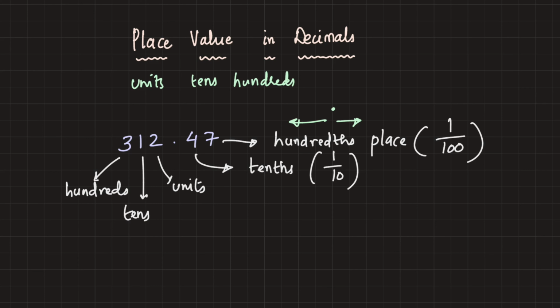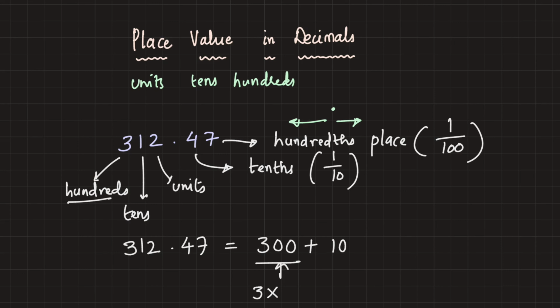So we can write this 312.47 as 300 plus 10. So how do we get 300? 300 is basically the digit which is 3 multiplied by its place value, that is 100. Then we have 1 multiplied by 10 to get 10.